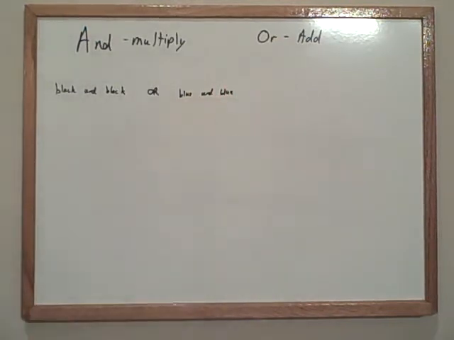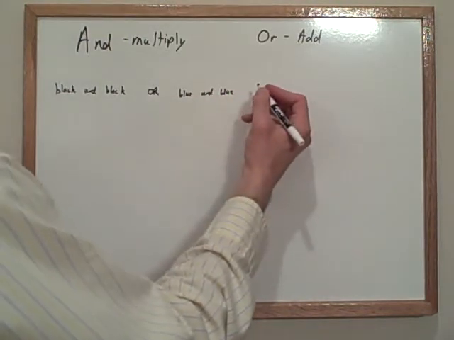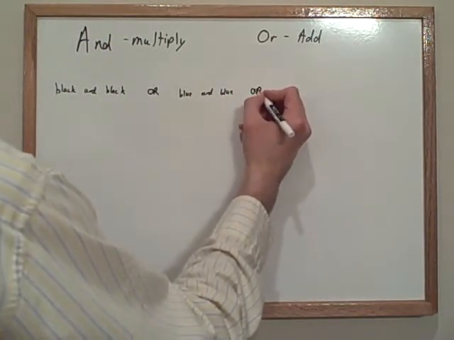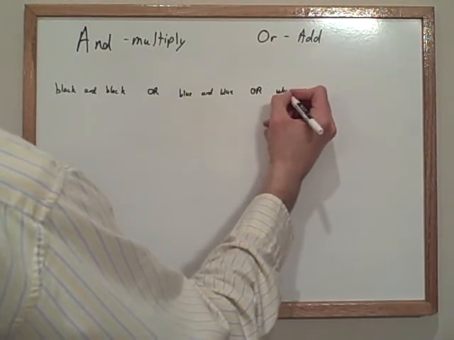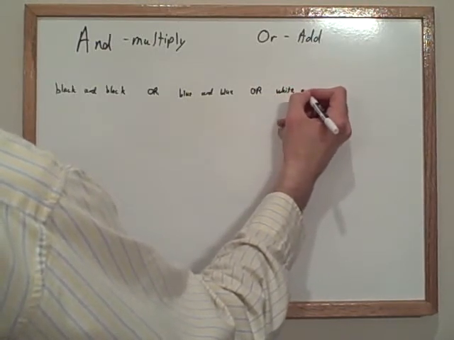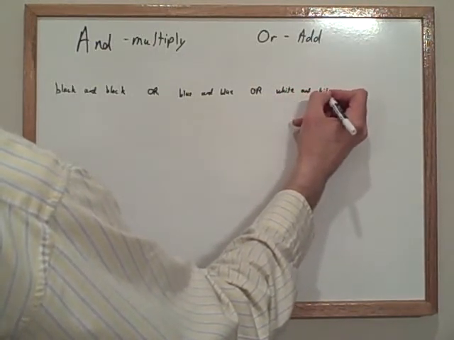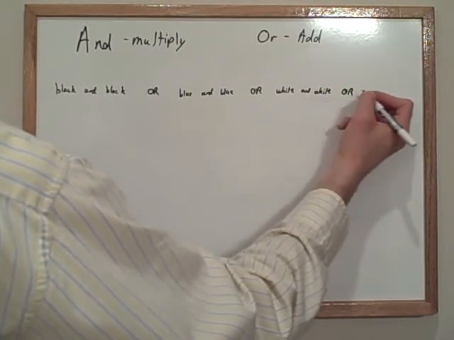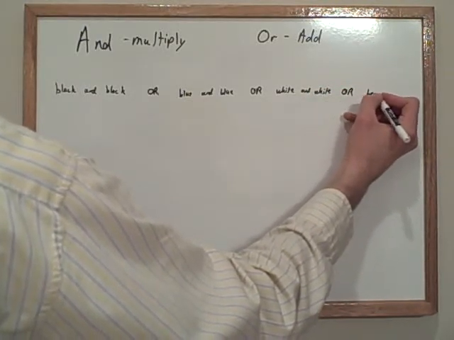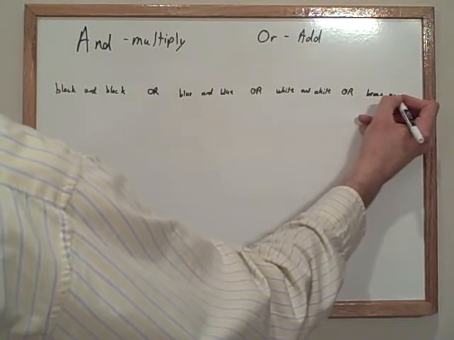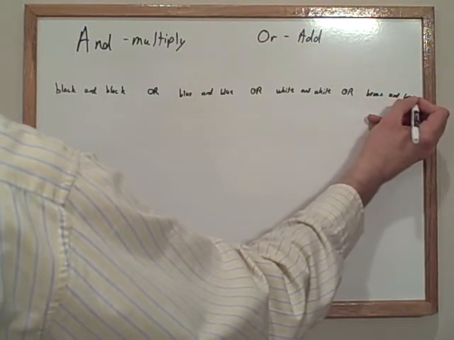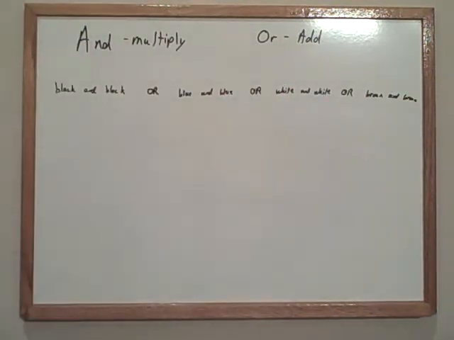Hope you see where I'm going with this, and the use of the words ands and ors and how that's going to really come in handy. Or we want to get a white sock and a white sock, or we want to get brown and brown. Okay, it's going to get a little tricky here if we're not careful.